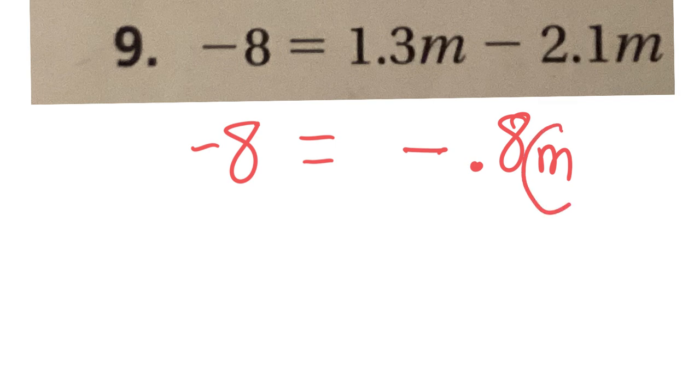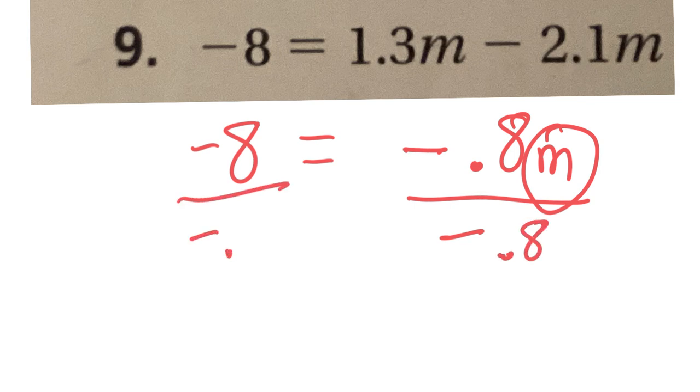Okay, so now I just want to find out what m is. It's being multiplied by negative 0.8, so I'm going to divide it by negative 0.8 and divide this by negative 0.8. And on my calculator, I know a negative divided by a negative is going to be a positive, so I do 8 divided by 0.8, and that gets me 10 equals m.